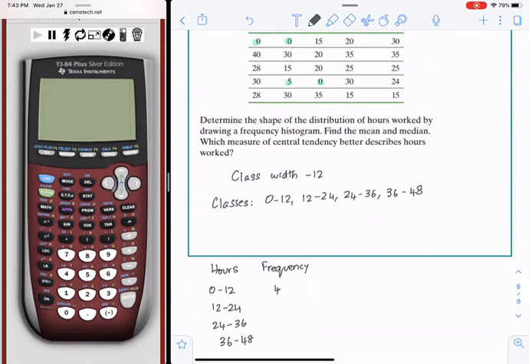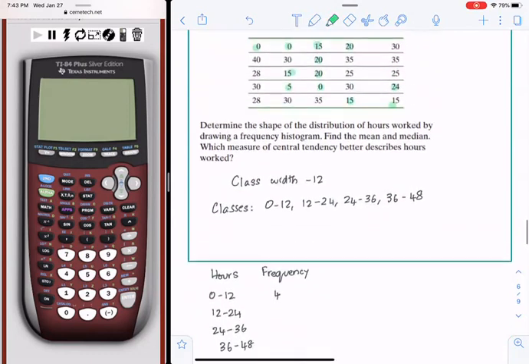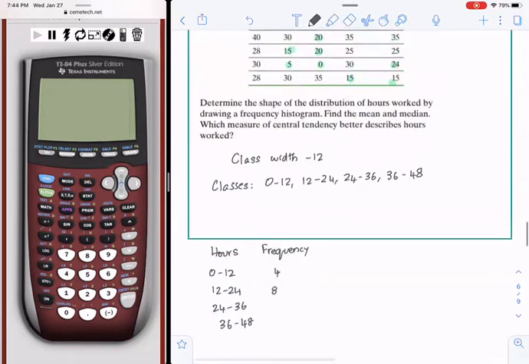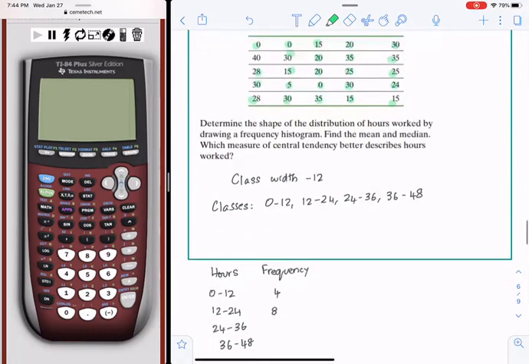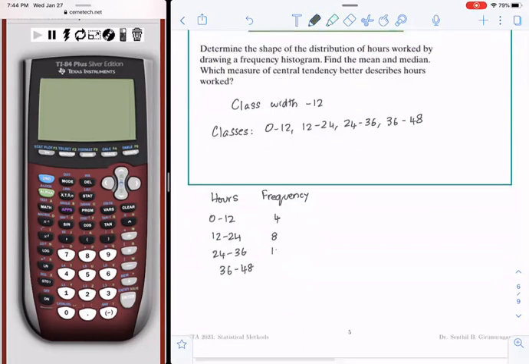12 to 24, we have 1, 2, 3, 4, 5, 6, 7, 8. 24 to 36, 1, 2, 3, 4, 5, 6, 7, 8, 9, 10, 11, 12. And 36 to 48, we simply have 1.